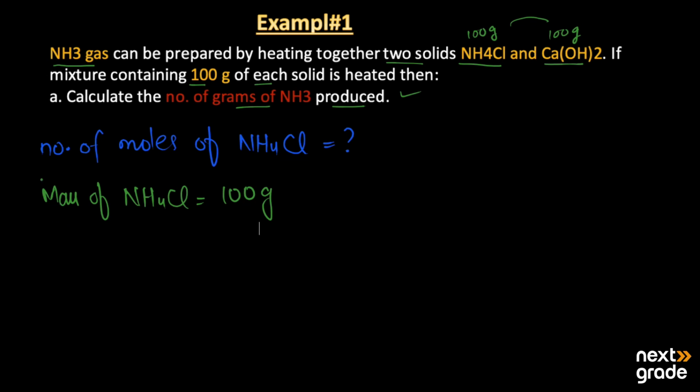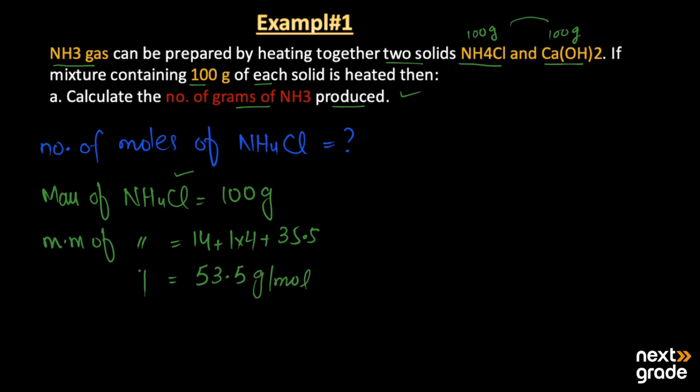And next we find the molar mass of ammonium chloride. Here we have nitrogen, which is 14, plus hydrogen, 1 multiplied by 4, and chlorine, which is 35.5. So the molar mass of ammonium chloride is 53.5 grams per mole. Now we have both the molar mass and the mass, so we will find the moles of ammonium chloride.